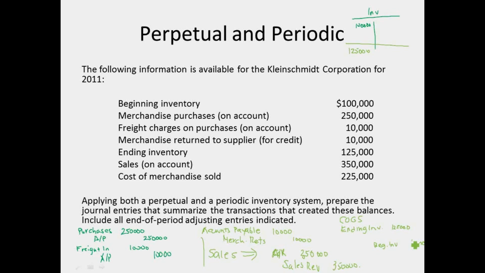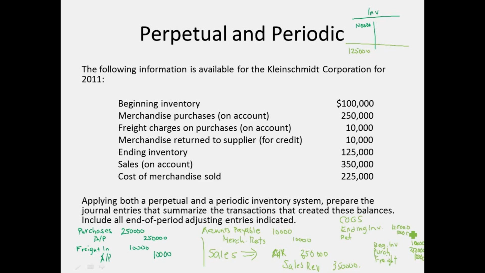I have my ending inventory. I have to close out purchases, $250. I close out freight in, $10,000. I close out returns, $10,000. And whatever's left is my cost of goods sold.